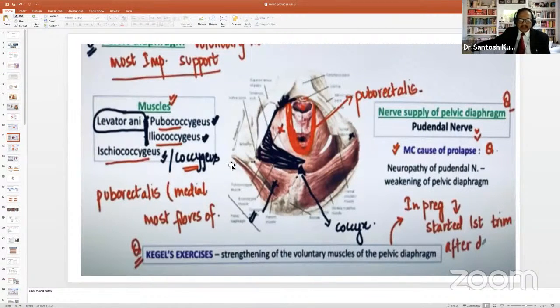Again, my emphasis is on anatomy, because anatomy is an important part of management of this disease.